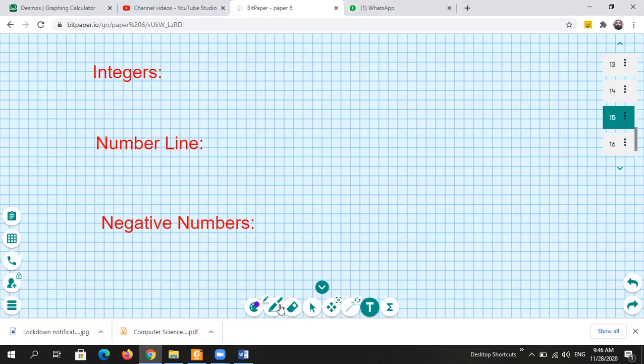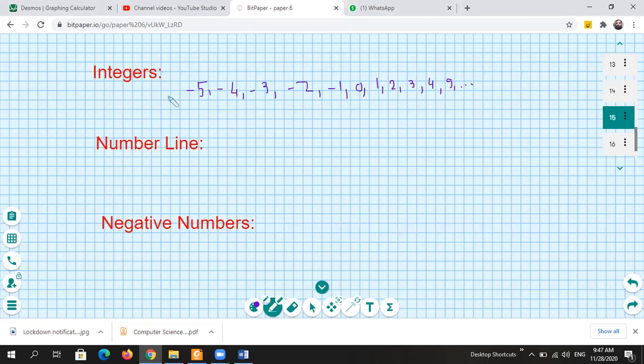Actually, these are the numbers which have a denominator equal to 1, like we have studied that integers are -5, -4, -3, -2, -1, then 0, 1, 2, 3, 4, 5, and so on.